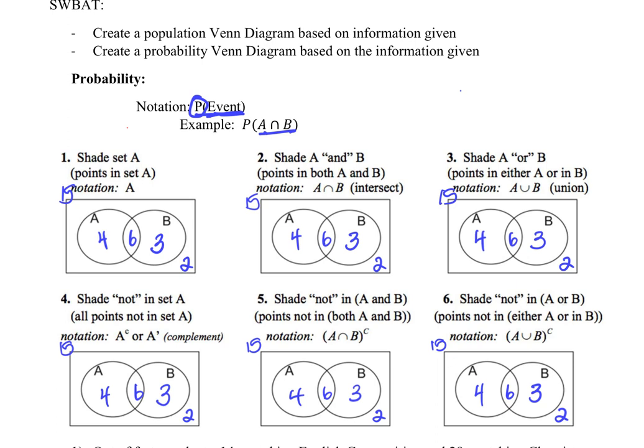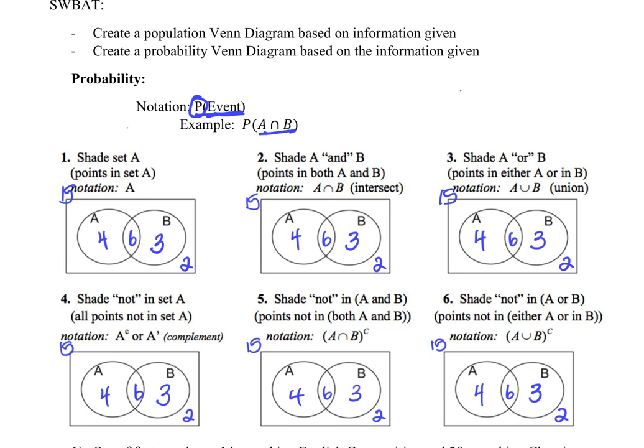Okay, so I put numbers on here just to give you a concrete example of what I mean. As you can see, there are two circles. Venn diagrams can have as many circles as you want, but in this particular case we have two: the A circle and the B circle.